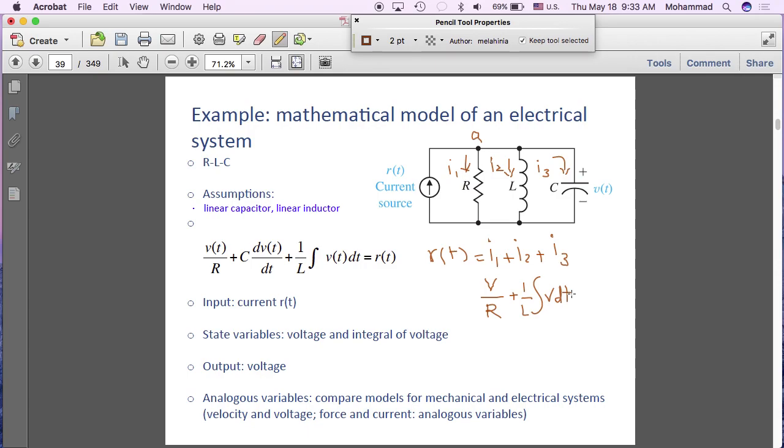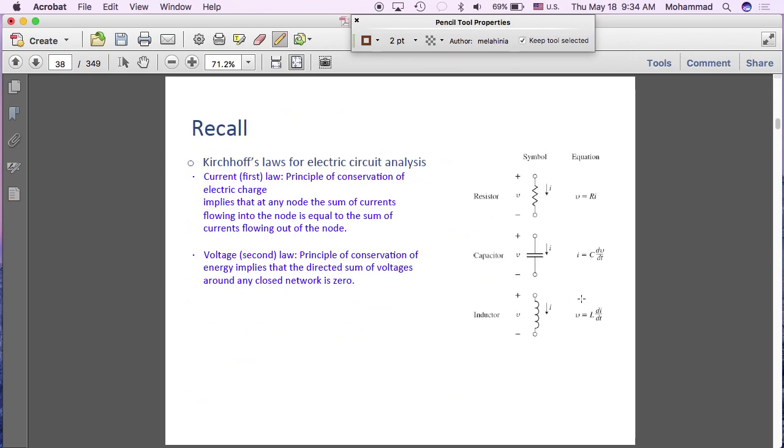And what is the current passing through a capacitor? According to the basic equations that I showed you on the previous slide, again, let's go up and take a look. The basic equation of a capacitor is that its current is equal to its capacitance C times the derivative of voltage. And that's what we want.